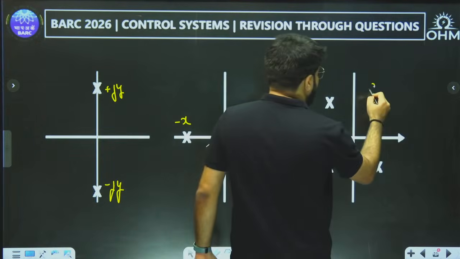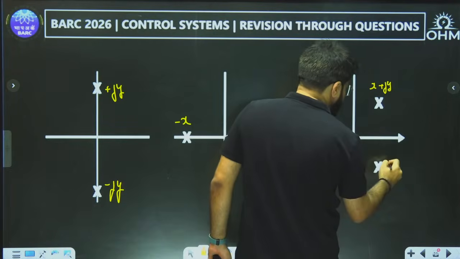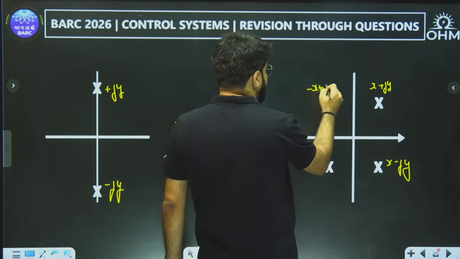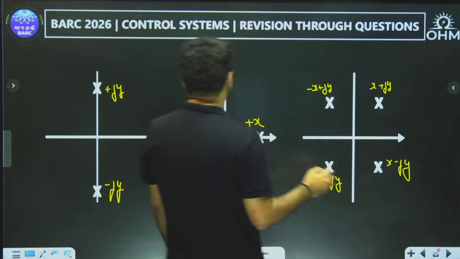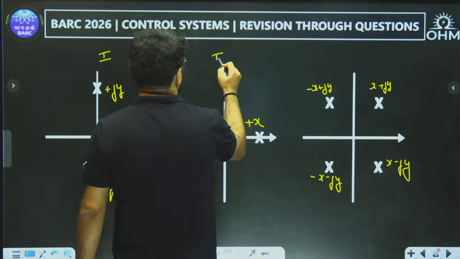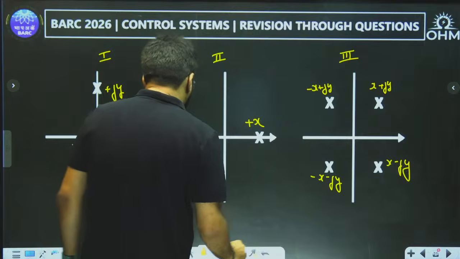That means if this is x plus jy, this is x minus jy, and symmetrically on the left as well, this is minus x plus jy and this will be minus x minus jy, a quadrature of poles. This is the first possibility, this is the second possibility and this is the third possibility. What is the overall condition?